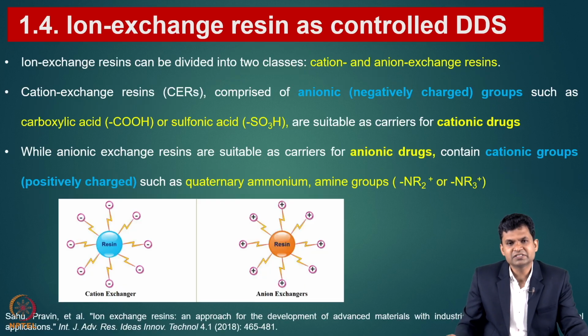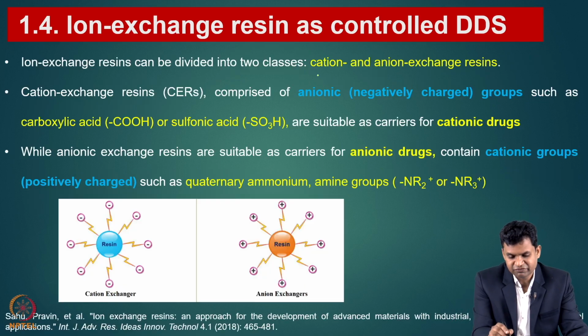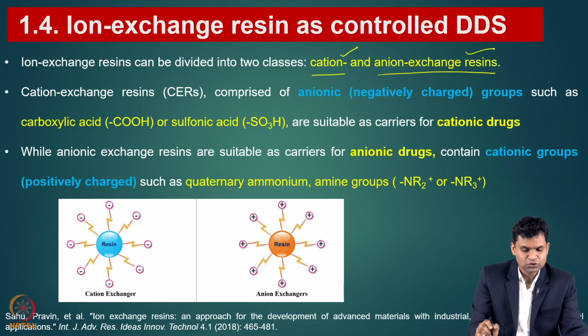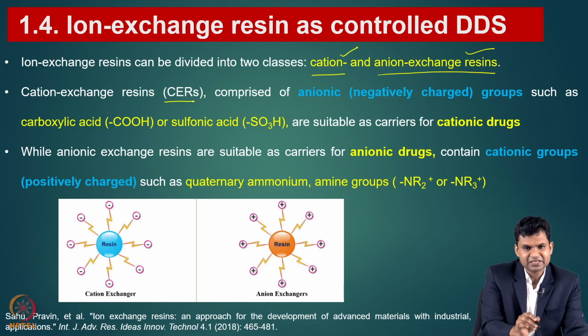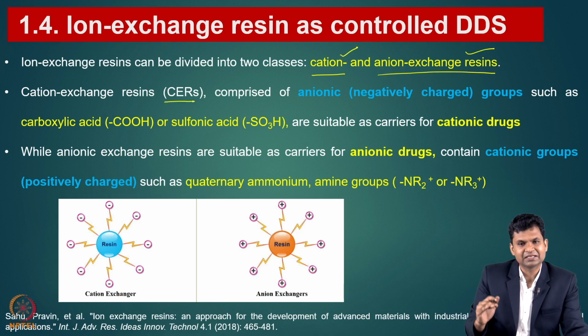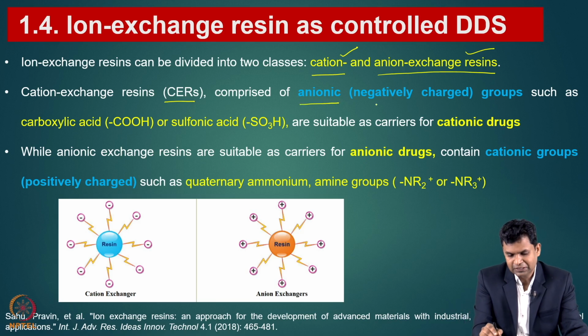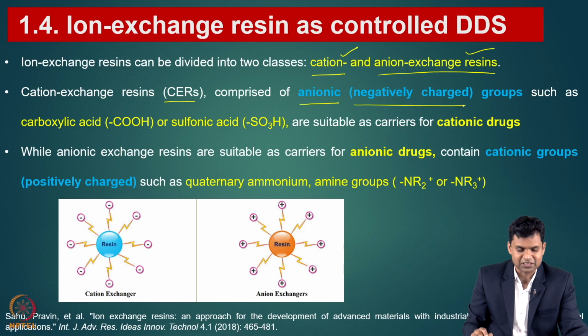Now, here we will see the two different types of resins, first cation resins and then anion resins. This can be abbreviated as CER, that is cation exchange resin, which is composed of anionic groups, which are negatively charged groups.